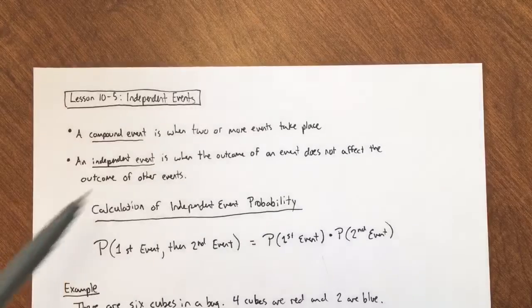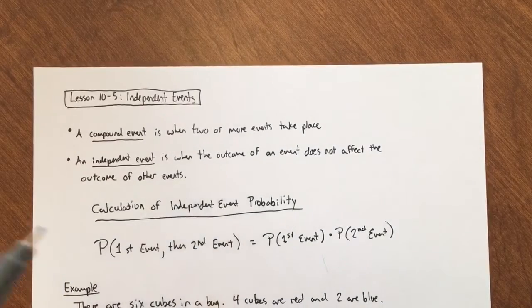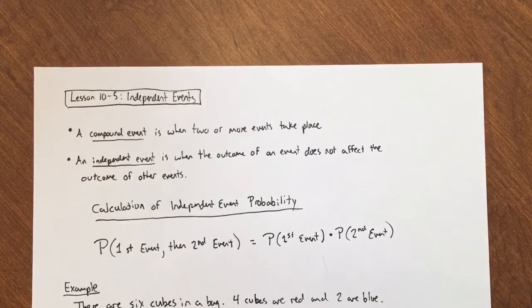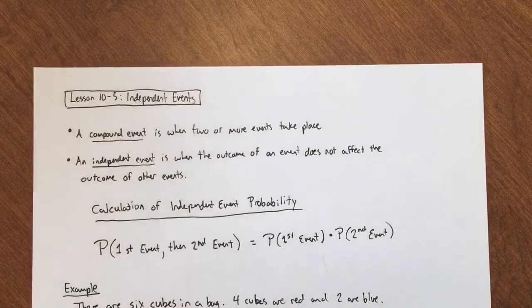Now, an independent event is when the outcome of an event does not affect the outcome of other events. So rolling dice is also another example of events that are independent of each other, because the first roll doesn't have an effect on what the second roll, the third roll, the fourth roll are going to be.